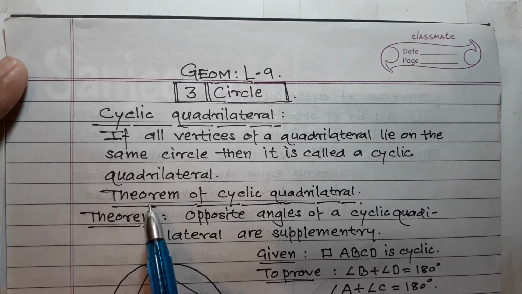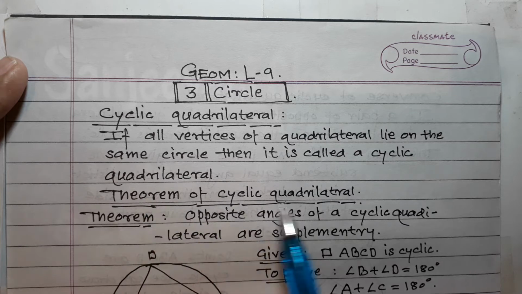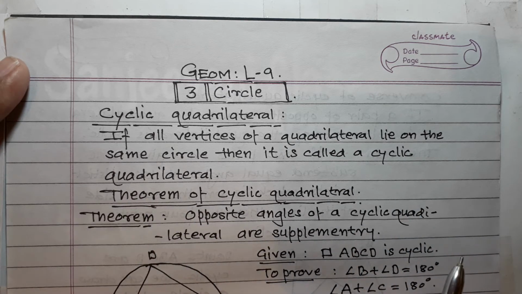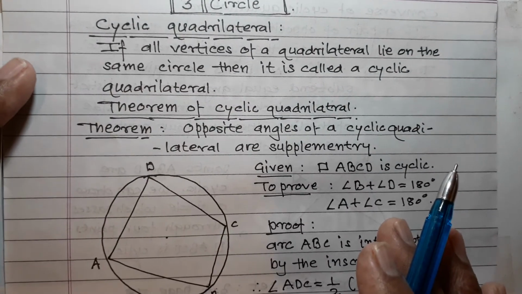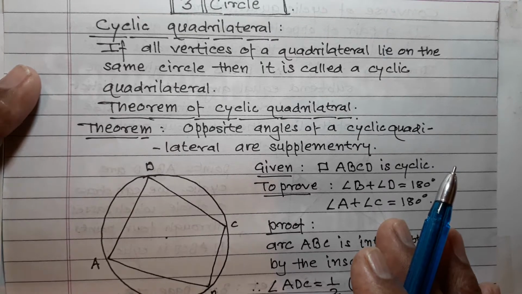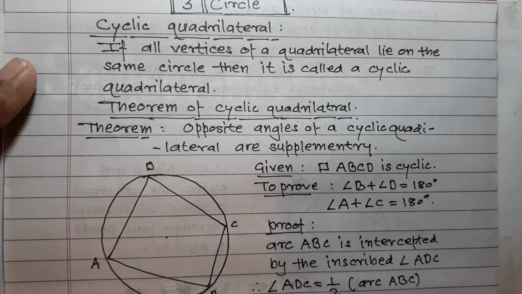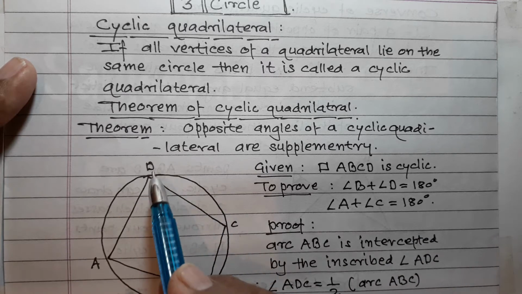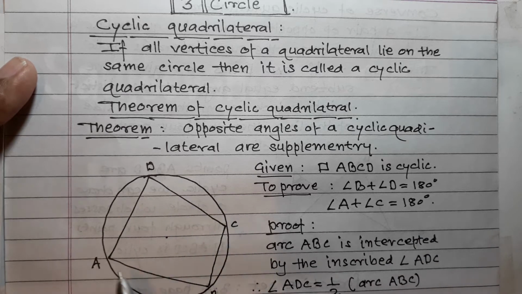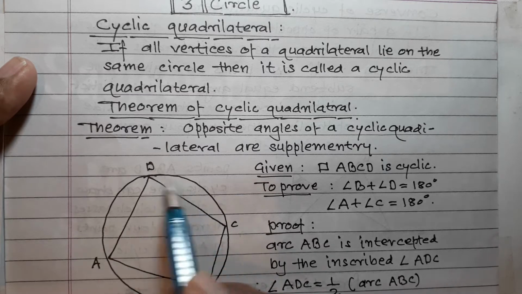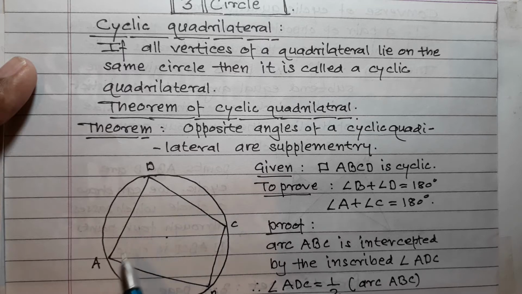Now there is one theorem of cyclic quadrilateral. Try to understand this theorem, because theorems are very important. This is a circle, and this is a quadrilateral ABCD, and all the points lie on the circle, and therefore this quadrilateral is cyclic.